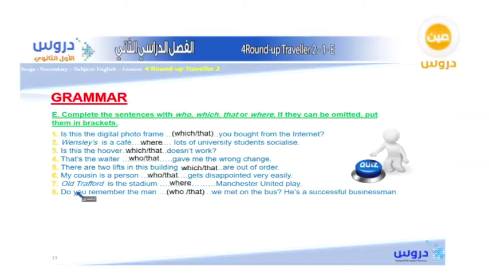The last one: do you remember the man who or that we met on the bus? He is a successful businessman. So here you have to use which, where, or who.